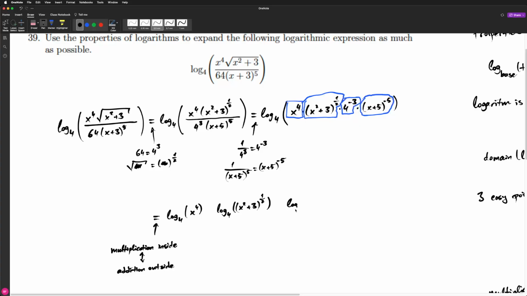And logarithm of 4 to negative 3 with respect to base 4, and logarithm of x plus 5 to the power negative 5 with respect to base 4. And what I do is I add them, right? Addition outside.